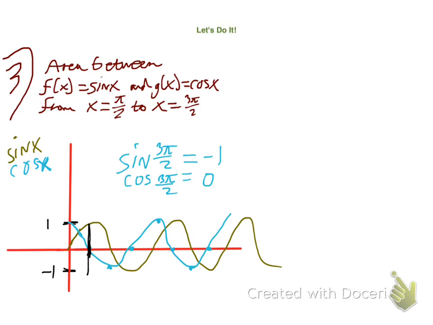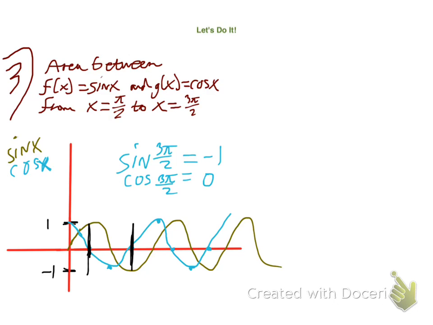So that's the lower boundary, the farthest to the left edge of the region, and 3 pi over 2. It's pi, 2 pi, and 3 pi over 2 is less than 2 pi, so it's halfway in between pi and 2 pi, so it's going to be here.